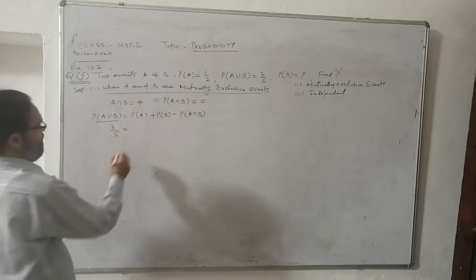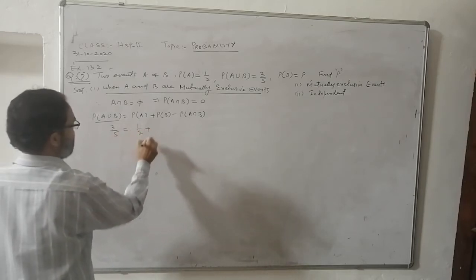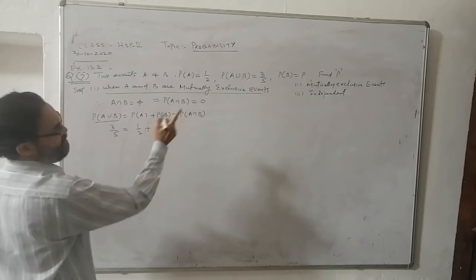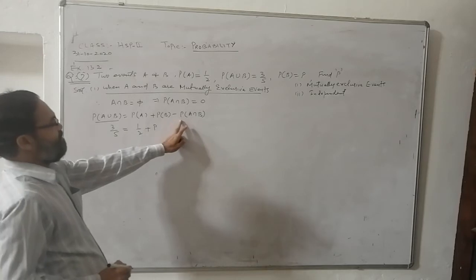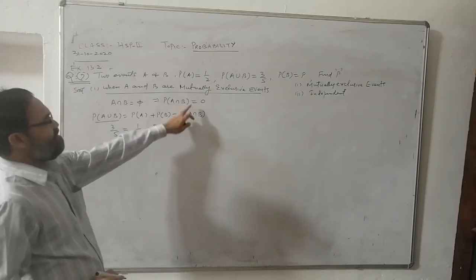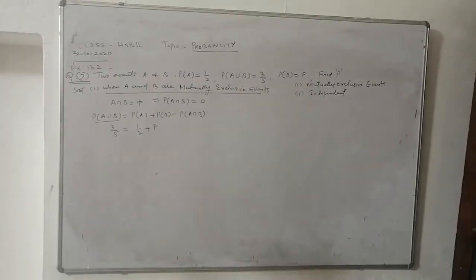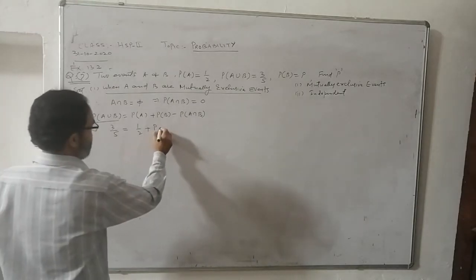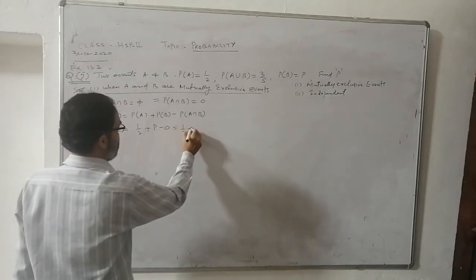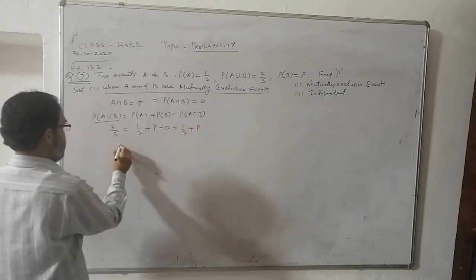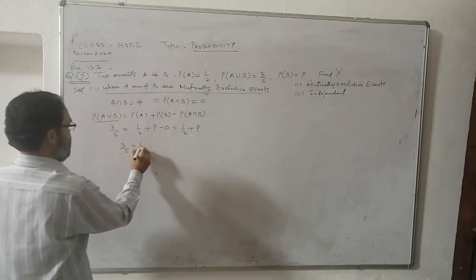Probability of A is 1/2, probability of B is simply P, and intersection is 0. So this will be 1/2 plus P equal to 3/5.